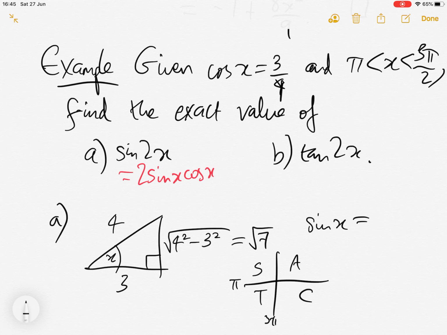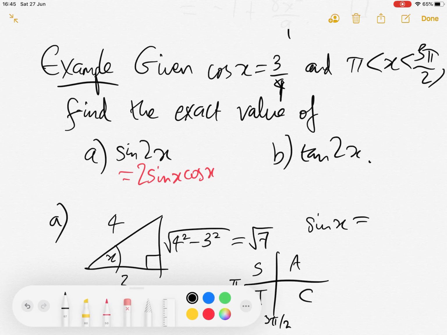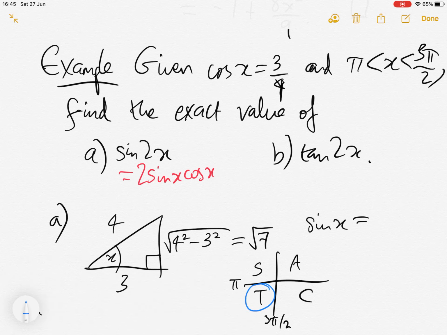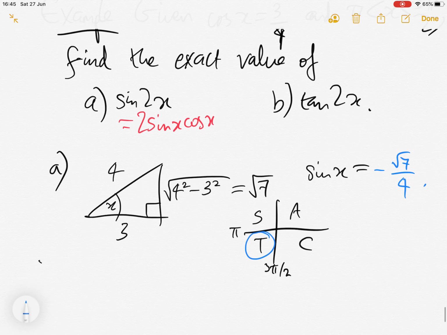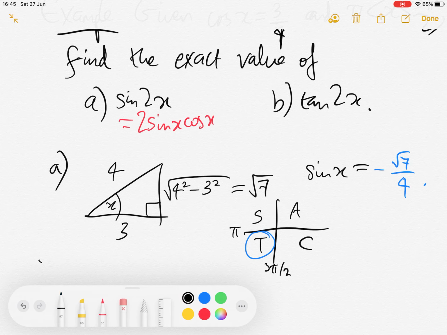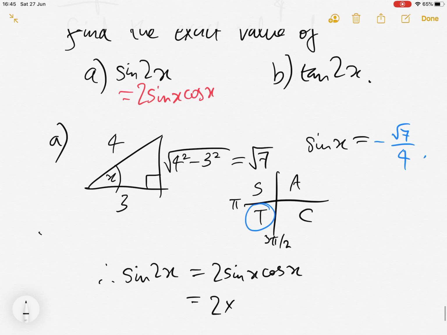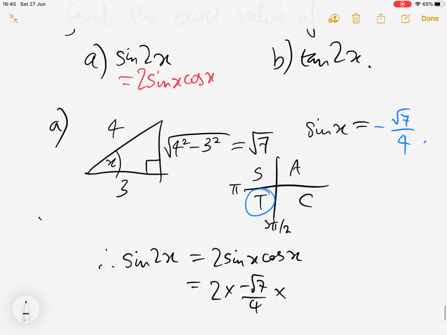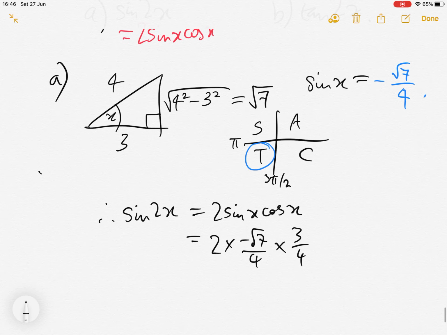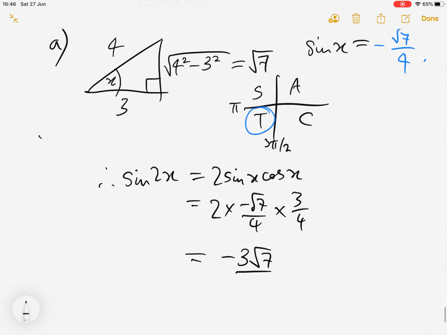Here's pi, here's 3 pi by 2. Because it's in this quadrant, sine is negative, so it's going to be minus root 7 over 4. Therefore sine 2x is 2 times sine x, minus root 7 over 4, times cos x, which we were given as 3/4. And this simplifies to minus 3 root 7 over 8.